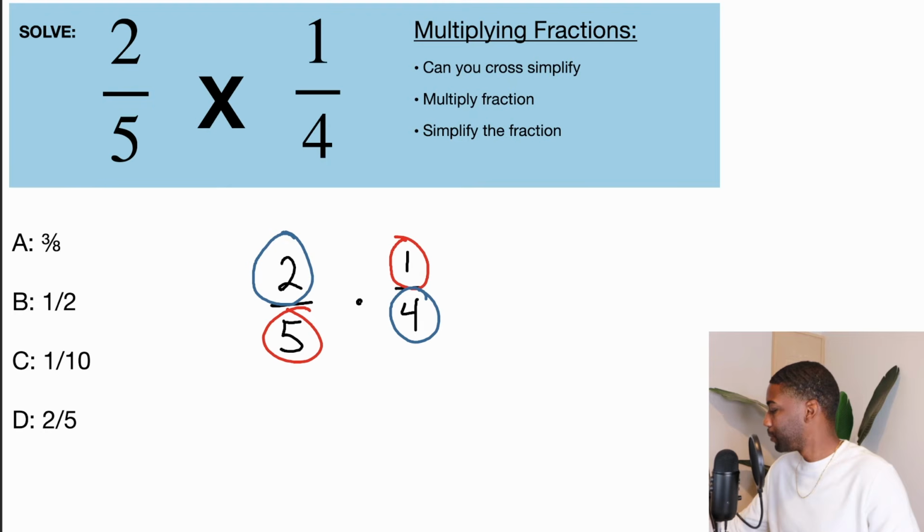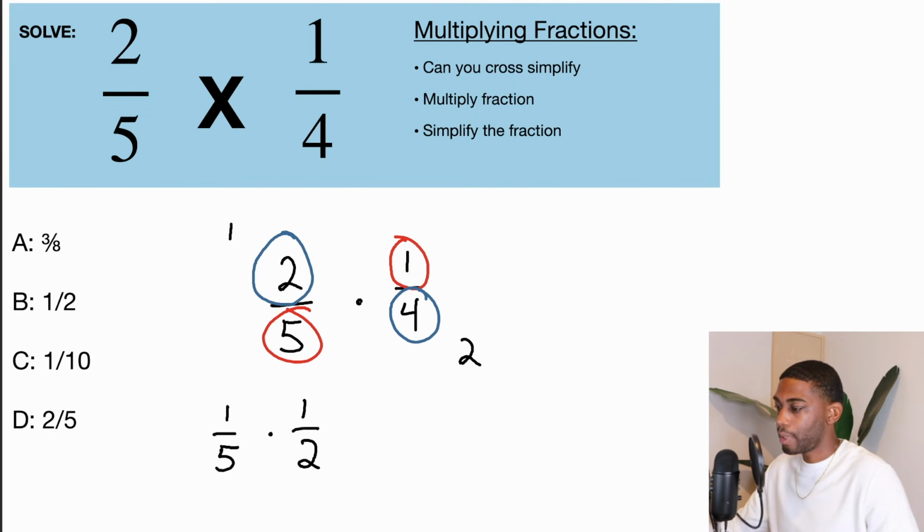What number goes into both 2 and 4? Obviously, we know that it's 2 itself. 2 goes into 2 a total of 1 time, and 2 goes into 4 a total of 2 times. So we'll rewrite our fraction: 1 over 5 times 1 over 2.